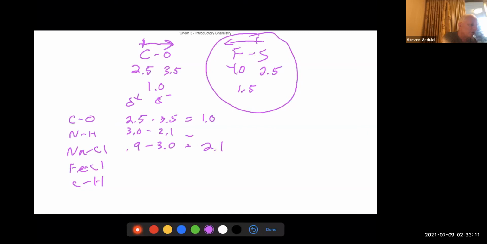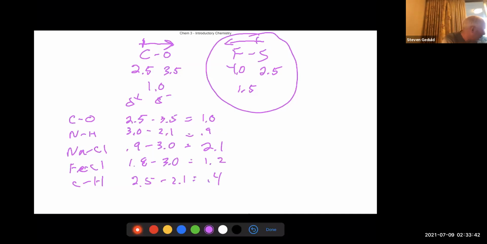Oops, I didn't do the difference here. This is 0.9. Okay, iron chloride. Iron is 1.8. Chlorine is 3.0. That's 1.2. And carbon, hydrogen. Carbon was 2.5. Hydrogen was 2.1. 0.4. Okay.